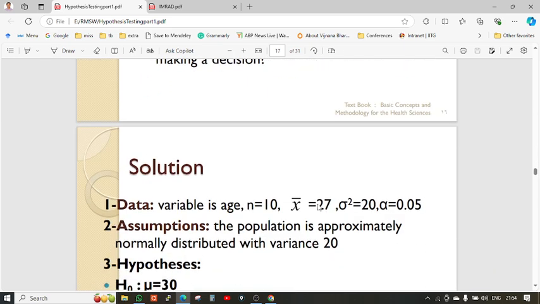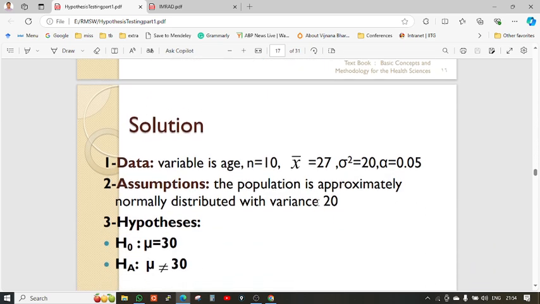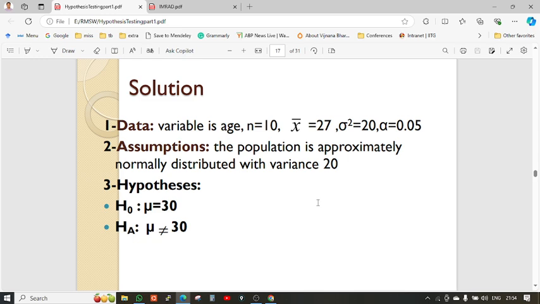Let's see the solution here. The variables are n equal to 10, the sample mean x bar equal to 27, sigma square is 20, that is the variance, and alpha is 0.05, that is the significance level. Now the assumptions: the population is approximately normally distributed, because n is 10, which is less than 30.